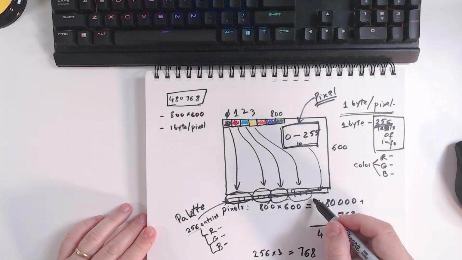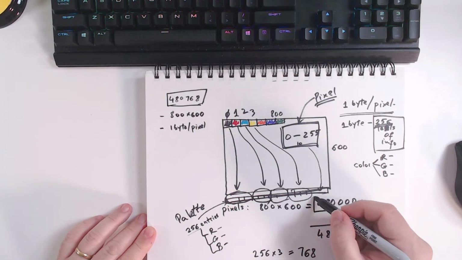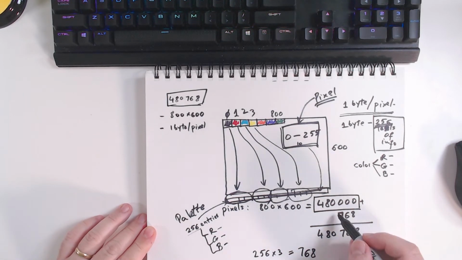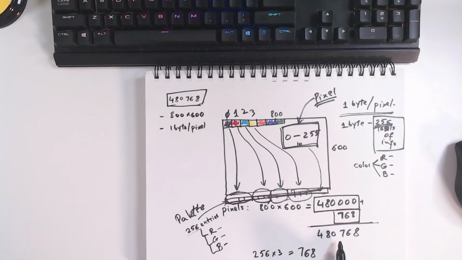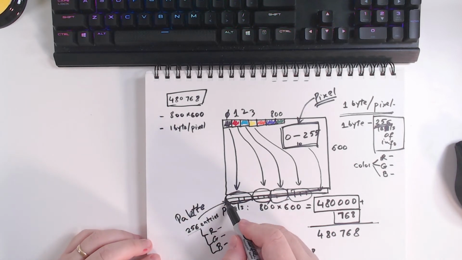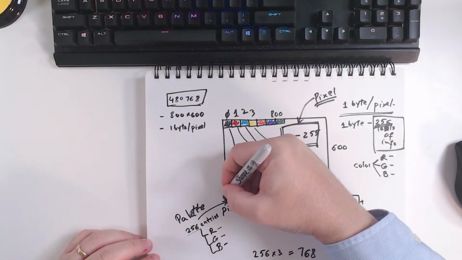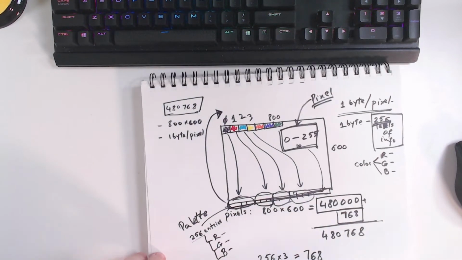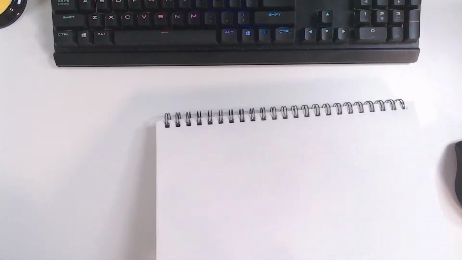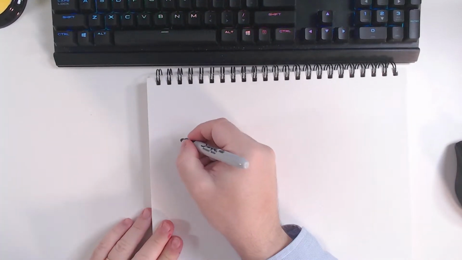So our file contains an area of pixel information and an area of palette information, and in total it's 480k basically. The only difference is that I represented here the palette at the end. The palette was actually encoded at the beginning of the file.